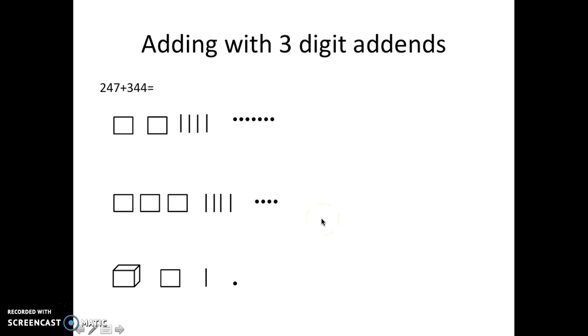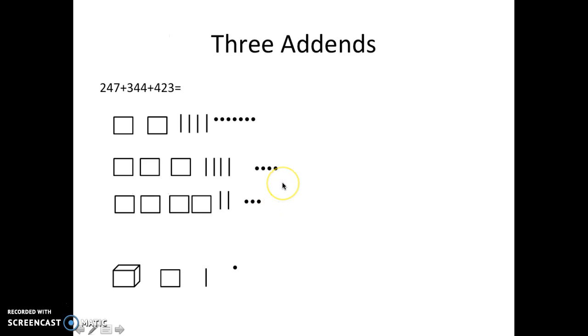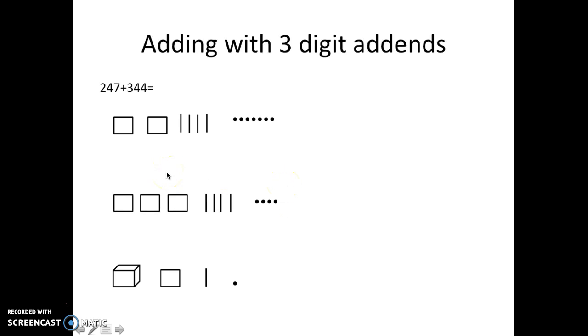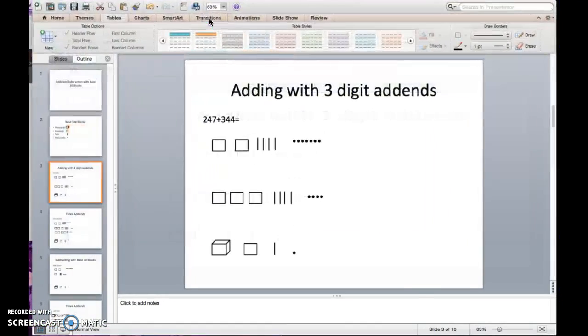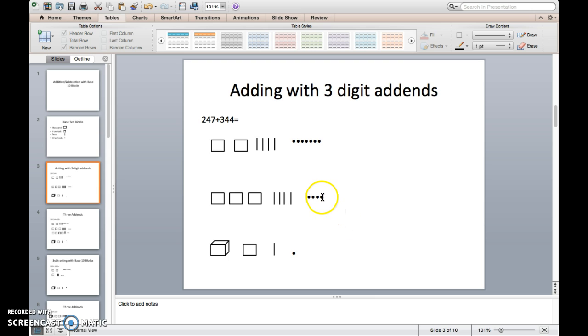And what we are going to do is add these together and combine them in order to find our sum. So addend number 1. We're going to begin with the ones place, the units place. So I'm going to escape out of here so that I can manipulate my slide as you see here.